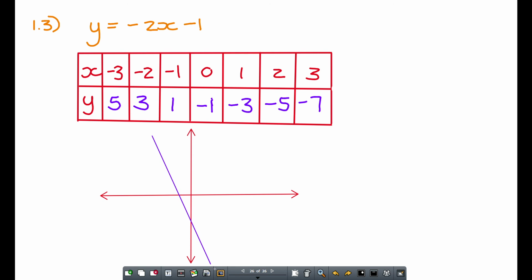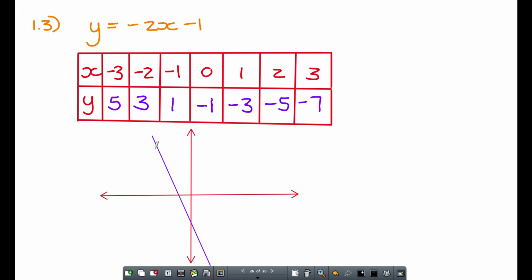More or less? In the exam, after you're done doing that, they can ask: is the gradient negative or is the gradient positive? I'm going to ask you to determine the gradient. We're going to do that now at B.